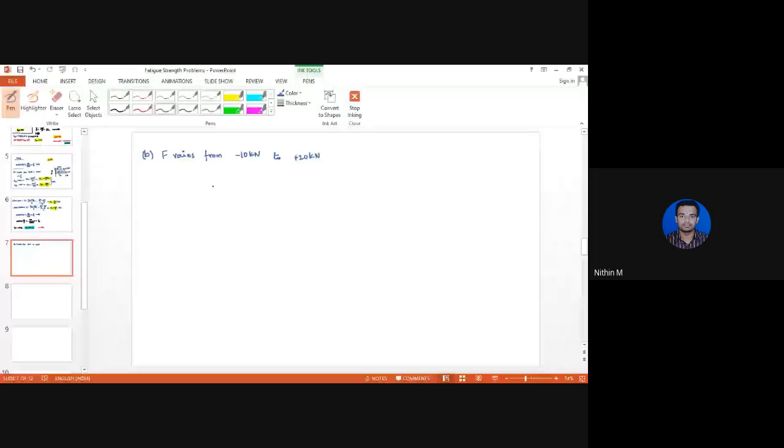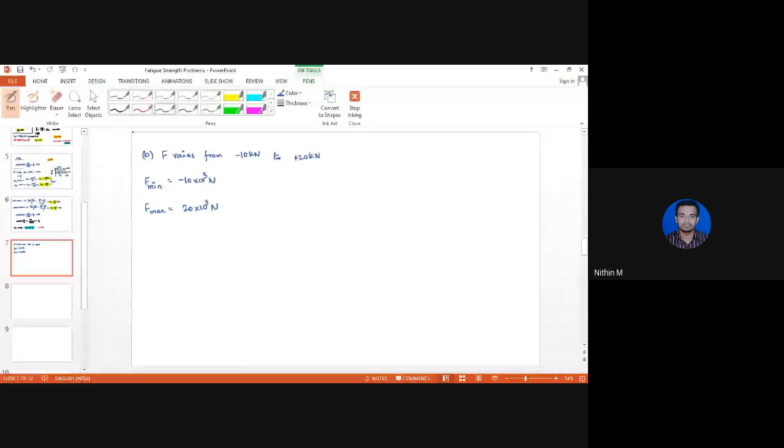Now you observe F minimum is equal to -10 into 10 to the power of 3 newtons. F max is equal to 20 into 10 to the power of 3 newtons. I am taking time along the x-axis and handling force along the y-axis. So this is force, this is time.